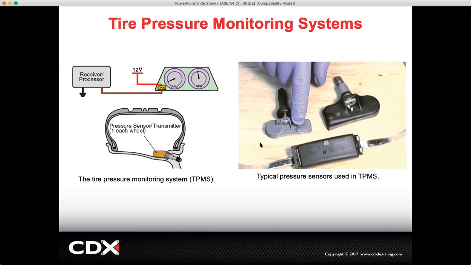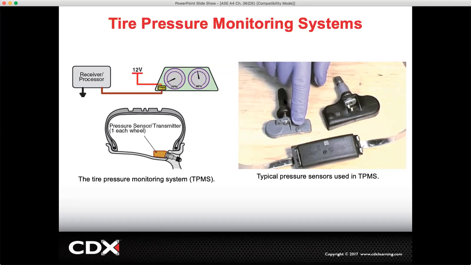Now, normally when we're replacing tires, I always like to assume that the tire has a sensor. And the reason being is if you see these two sensors from the bottom, they have the housing, they're kind of similar, but the actual valve stem, this one has an aluminum housing and this one has a rubber housing.